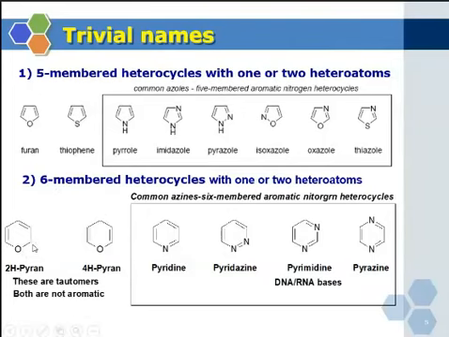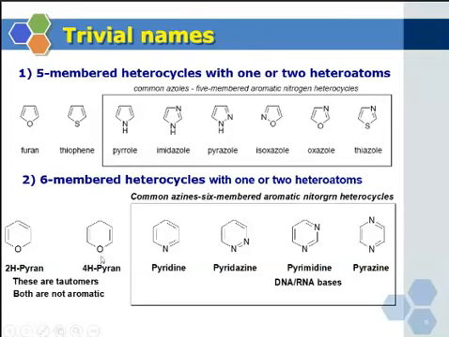Here, the carbon at position number 2 is saturated, hence 2H pyran. Here, if we observe the structure, we can see the carbon at position number 4.